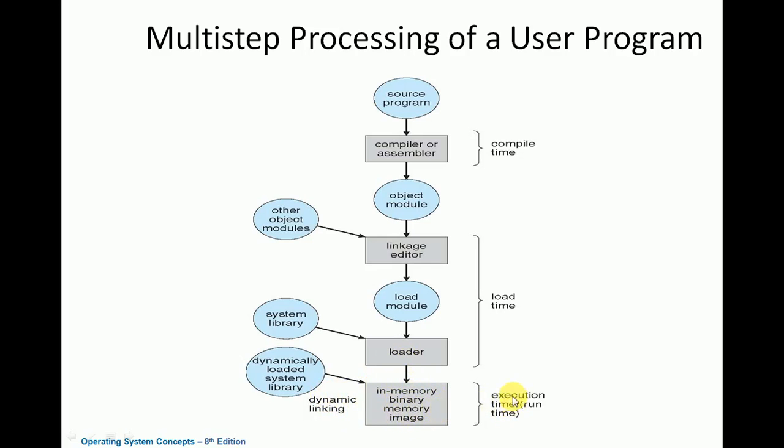Now the program gets executed, which is called execution time. During execution time, the dynamic linking will be performed. Linking the load module with the system library and linking object modules with other object modules is called static linking. Dynamic linking is where system libraries are linked to the executable program during execution.